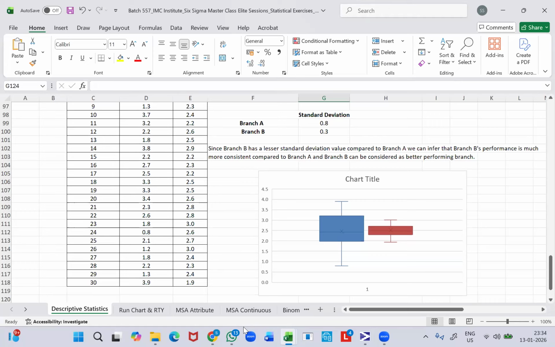And then finally, we can calculate the rolled throughput yield, which is nothing but the first pass yield generated at a process level. So even before the correction is done, we will be calculating the first pass yield.